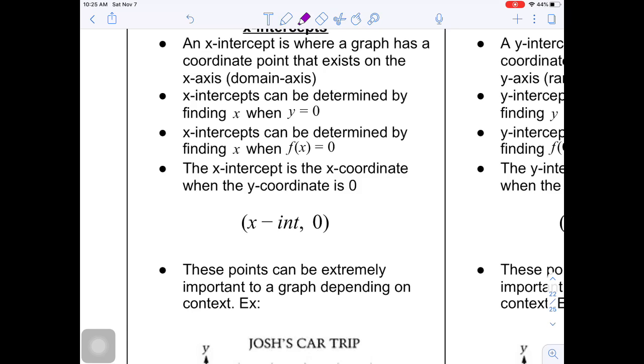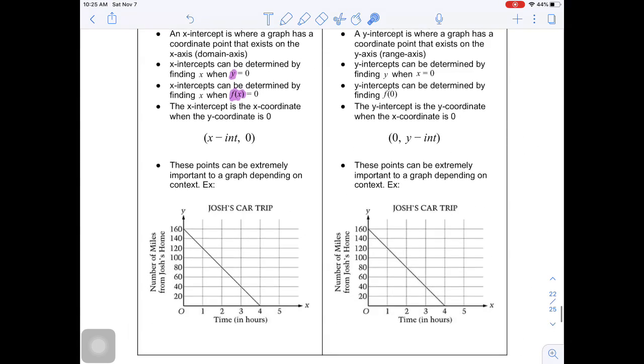It's a little different now that we know function notation. Remember, y and f of x are interchangeable. So we can think of an x-intercept as finding the x when f of x is 0. So two different ways to think about it. Your x-intercept is the thing that crosses the x-axis.